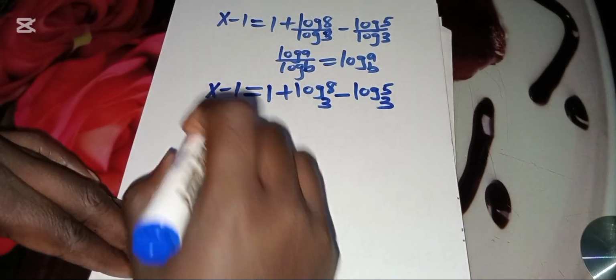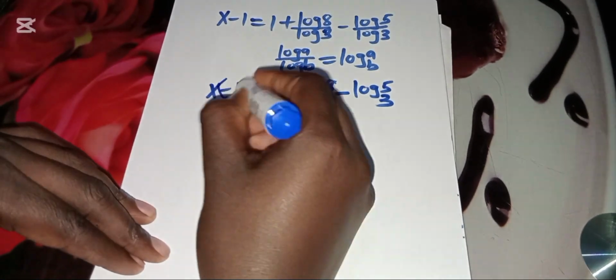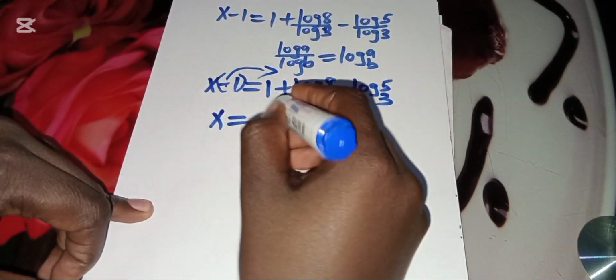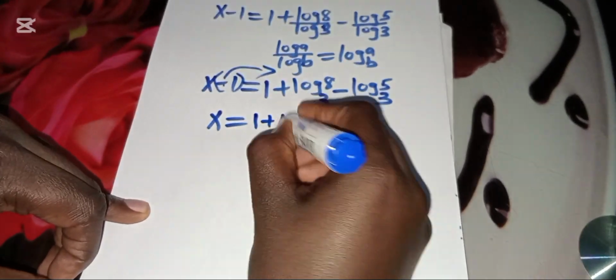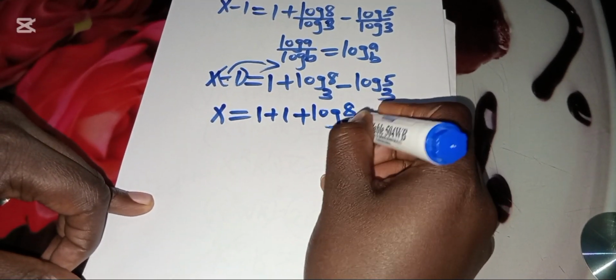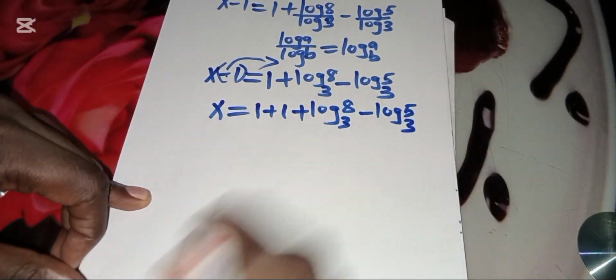Okay, so to get the value of x, we just take this negative 1 on the right-hand side, so that we're going to have 1 plus 1 plus log 8 to base 3, subtract log 5 to base 3.